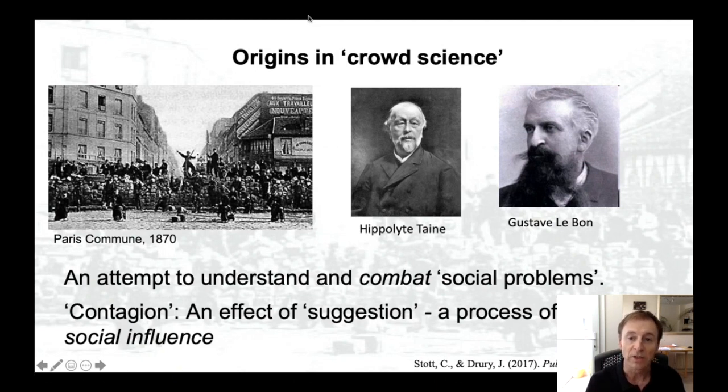But the most famous of the crowd scientists was Gustave Le Bon, who developed the contagion concept further. He said it was an effect of suggestion, which is rather like a process of hypnosis, which happens to people when they enter crowds. And he said that anyone is susceptible to this process, which he defined as a process of uncritical social influence. So just any idea, any sentiment, any behaviour spreads through the crowd.